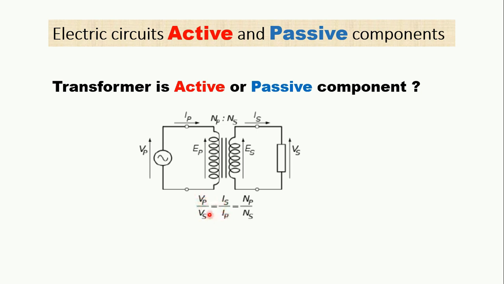This means that the power, because power is the multiplication of voltage and current, at the primary side is exactly equal to the power at the secondary or the supply side. So there is no amplification of power. And since there is no amplification of power, a transformer cannot be seen as an active component.